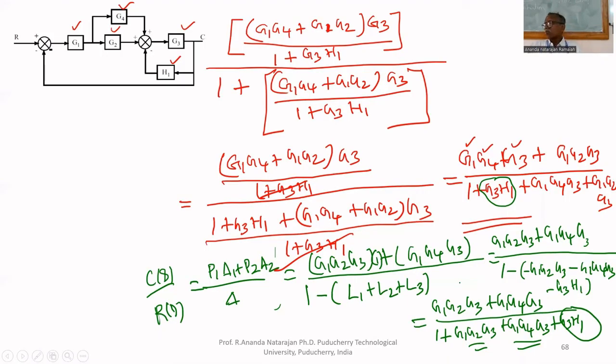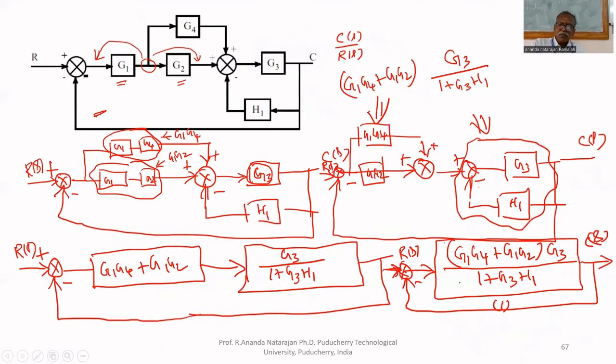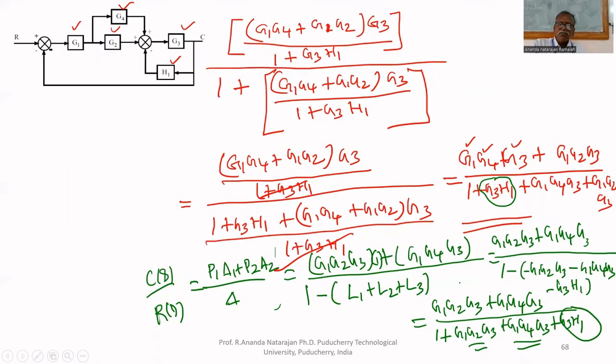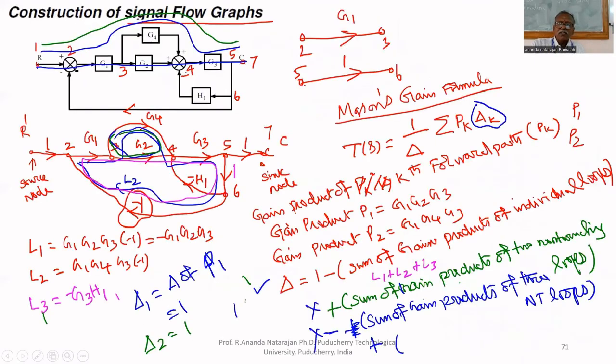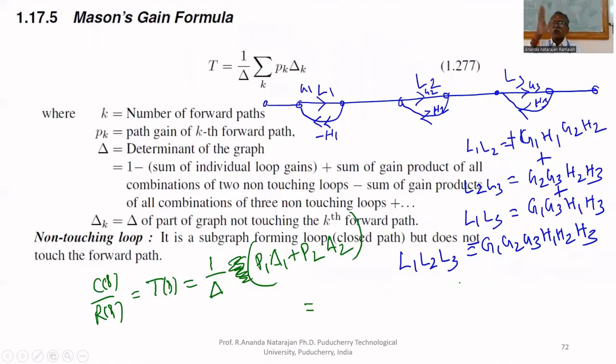Therefore, delta 1 equals 1 and delta 2 also equals 1. What is delta? Delta equals 1 minus the sum of gain products of individual loops, plus the sum of gain products of all possible combinations of two non-touching loops.